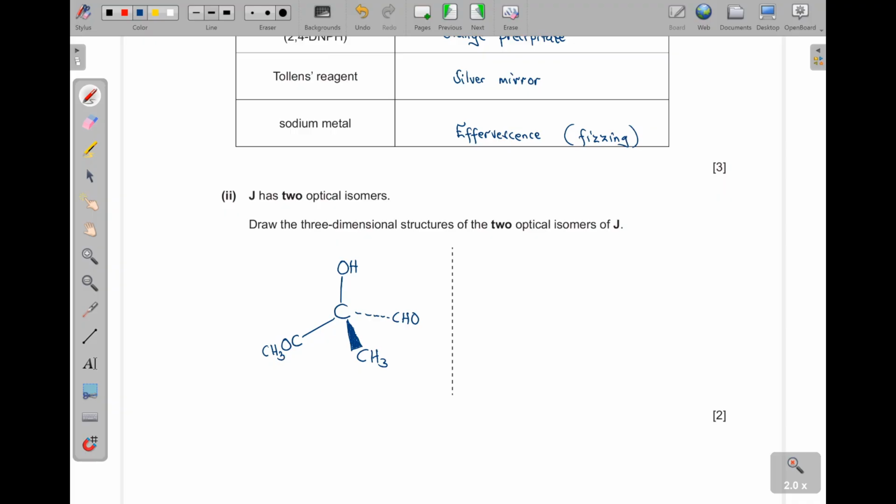Then I put this one this side, put OH here. Then because this one is a mirror, this one will appear to be coming like this. Then I will put CHO, something like that. And then this wedge here, you can shade it.